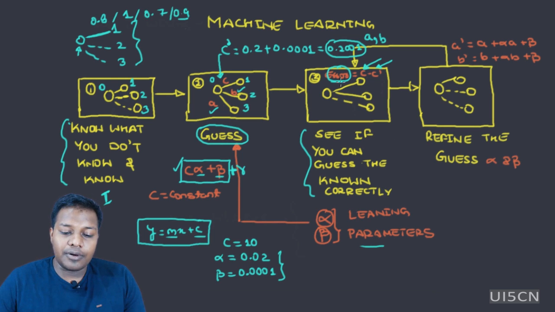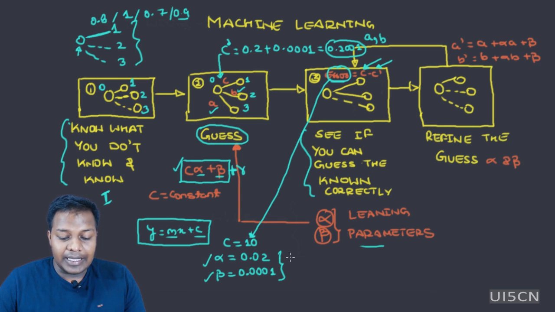Now there is an error, and that error we are getting because there's some of the known value within our data which we compared with. Now based out of this error, we then refine our assumptions, which are alpha and beta, because C is the constant here. So we refine alpha and beta.